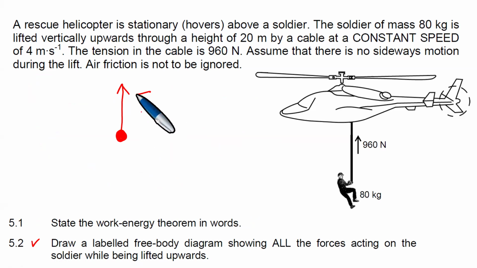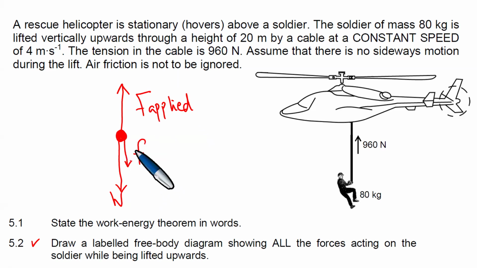It is F applied. And then you'd have the force that's going down, which is the weight. And we have friction, because air friction is not to be ignored. And so these are the forces that are involved.